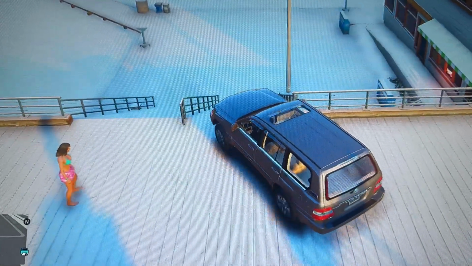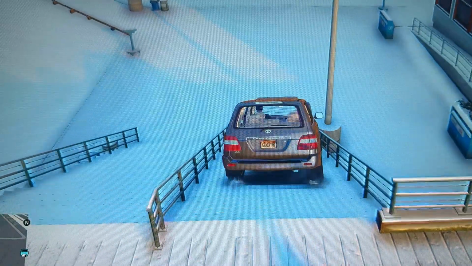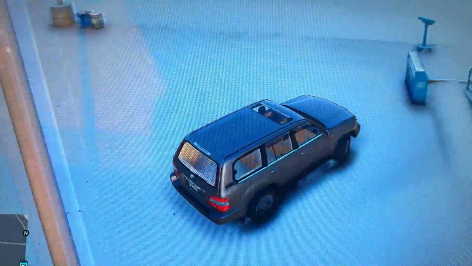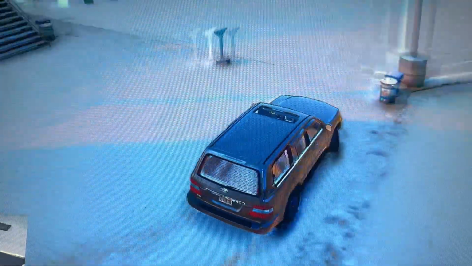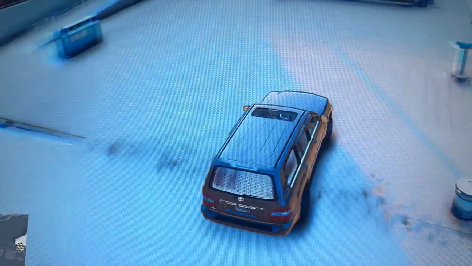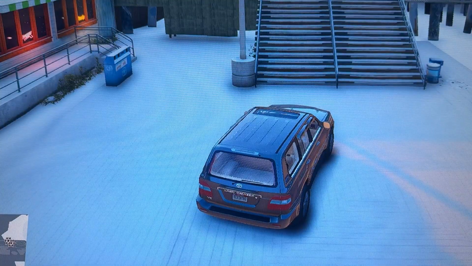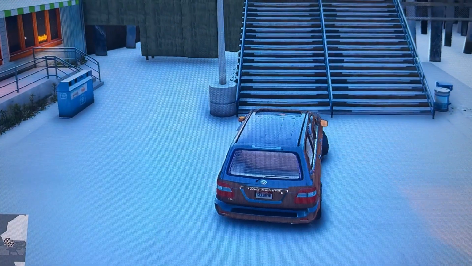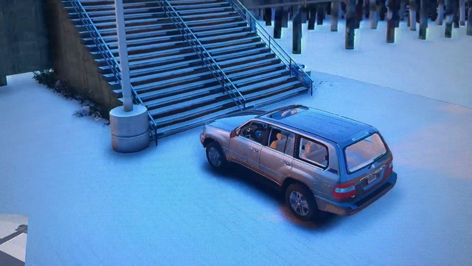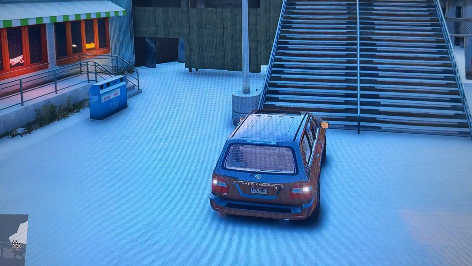So we've got an LC100 here. I'm going to be explaining what approach angle, departure angle and breakover angle in an SUV or a four-wheel drive vehicle in general mean.